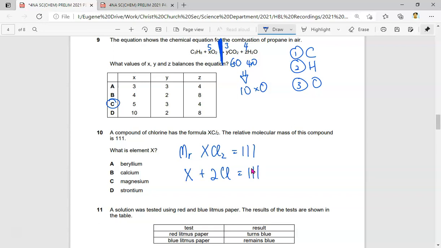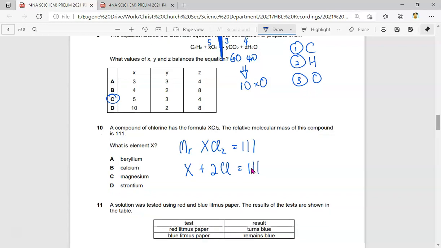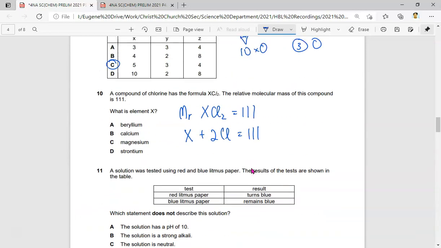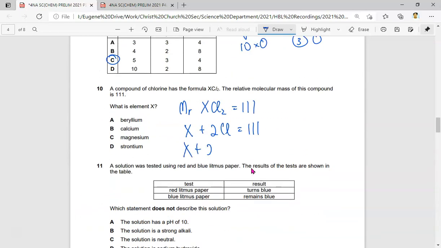Now, from the periodic table, I can find the mass of chlorine. If you go down the periodic table, chlorine, the mass is 35.5. So let's go back up. X plus 2 times 35.5 equals 111. I'm going to get X equals 111 minus 71. So this is 71, which gives 40.